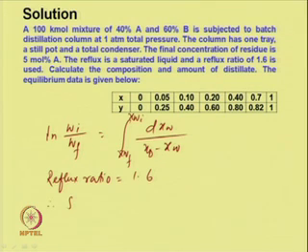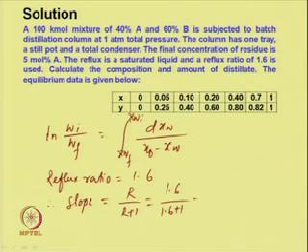Therefore, the slope would be R by R plus 1, which is equal to 1.6 divided by 1.6 plus 1, which is equal to 0.615. Now, from the equilibrium data we can draw the equilibrium line.